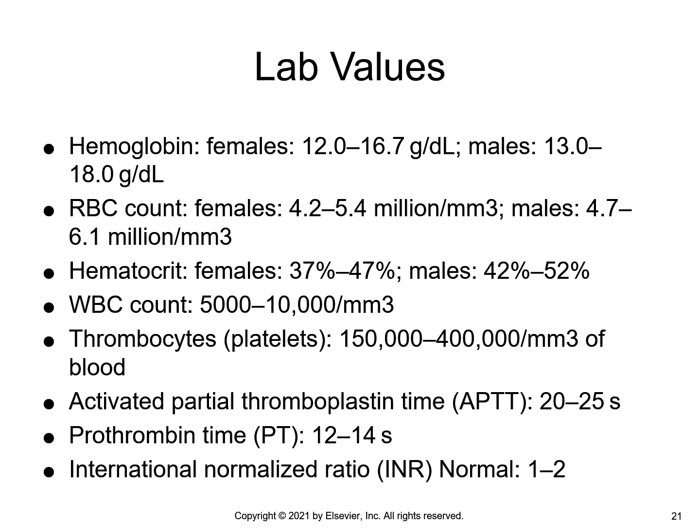Red blood cell count also varies, so it should be somewhere between 4.2 million to 6 million red blood cells. Hematocrit also varies depending on the gender. White blood cell count should be somewhere between 5,000 to 10,000. The thrombocytes, or the platelets, need to be 150 to 400,000.